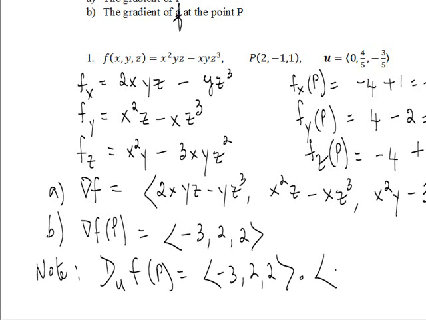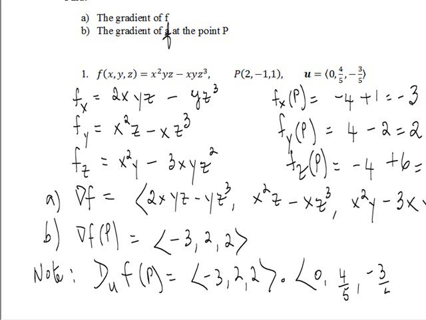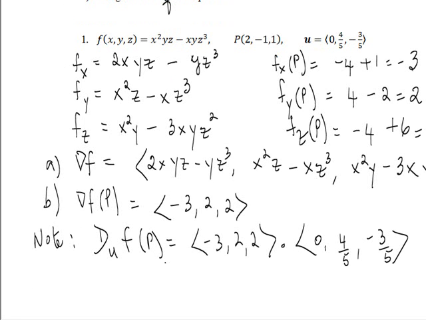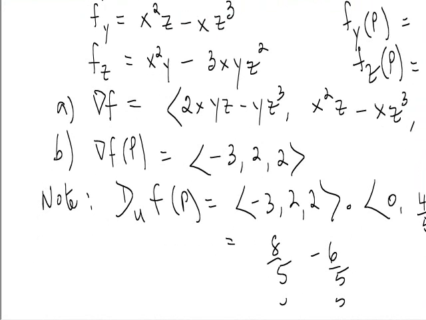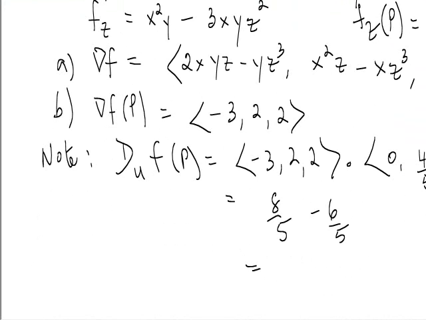It's already a unit vector, so 0, 4/5, minus 3/5. All right? And when you work that out, you get 8/5 minus 6/5, which is 2/5. Okay?